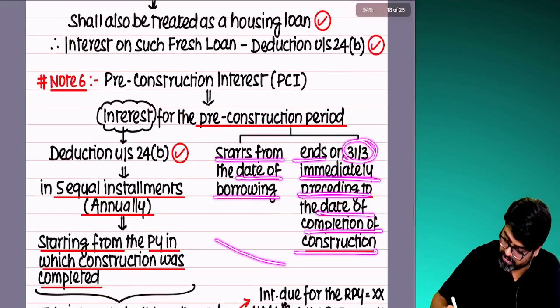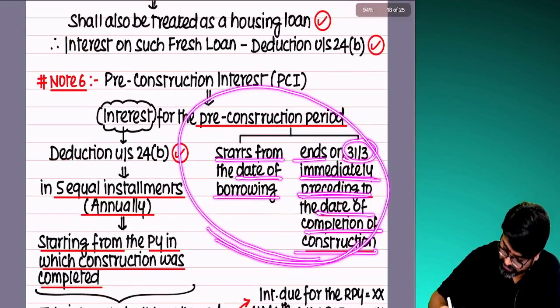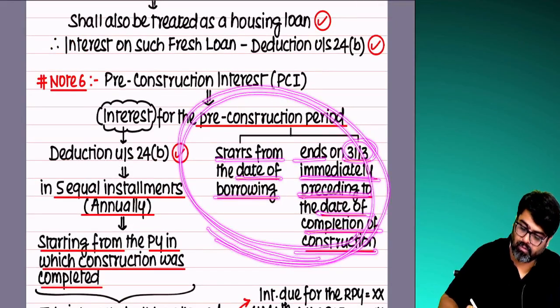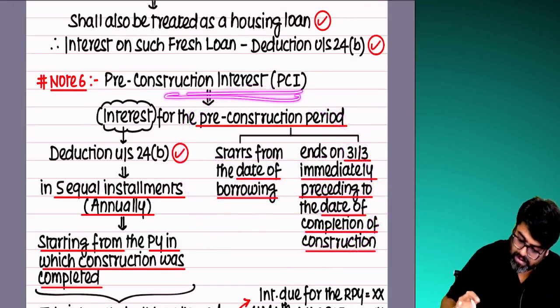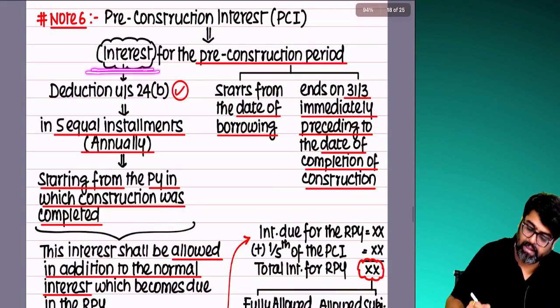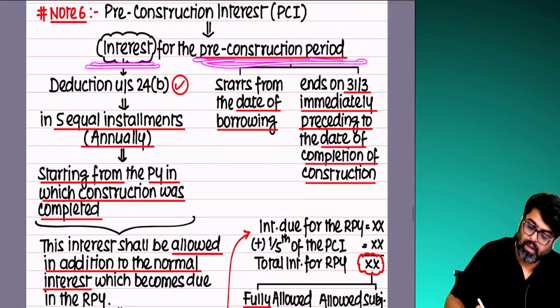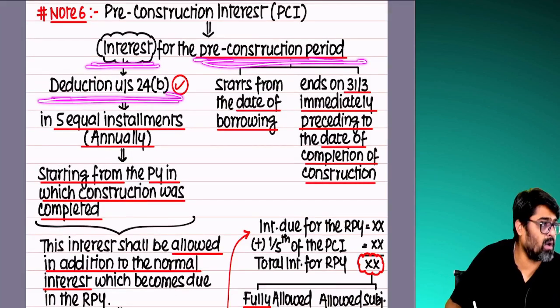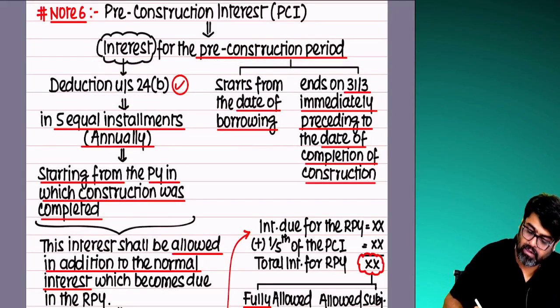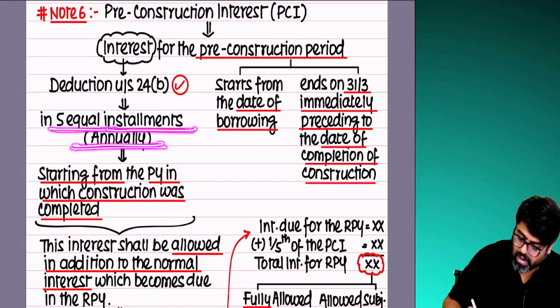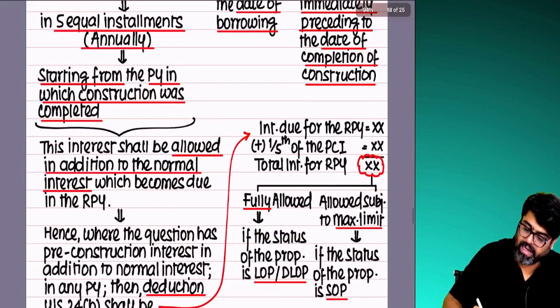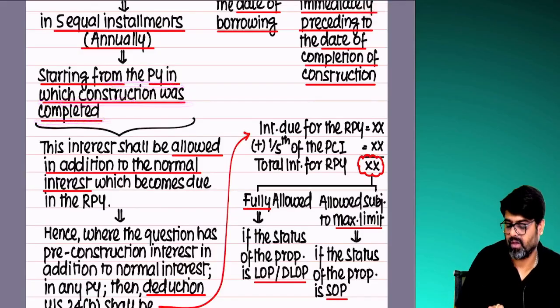Whatever interest you have paid for this period will be known as pre-construction interest. Will that pre-construction interest be allowed as a deduction or not? It will also be allowed under 24B, but it will be allowed in 5 equal annual installments, starting from the previous year in which the construction was completed. Yes or no?